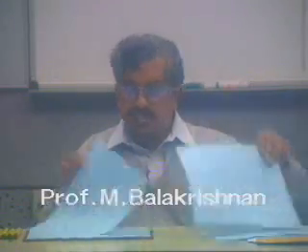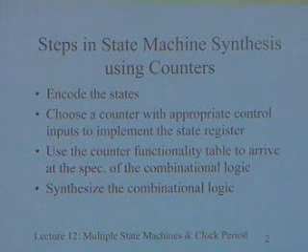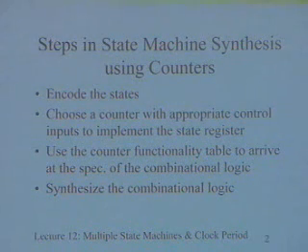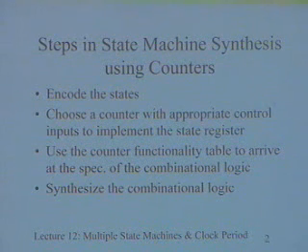Very briefly, first I will review what we discussed in the last class. These are the steps involved in state machine synthesis using counters. We start from a state machine, we encode the states, we decide what is the binary string which is going to represent the state. Here of course we have a choice of encodings.